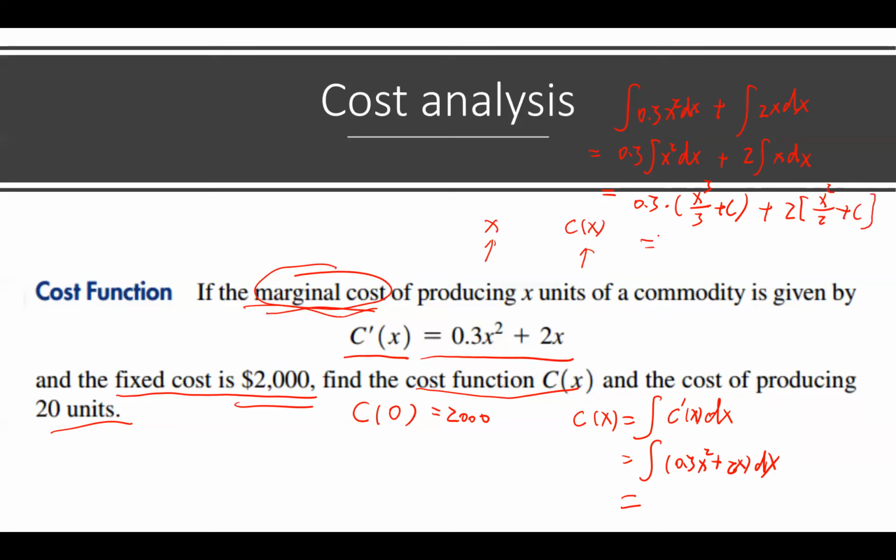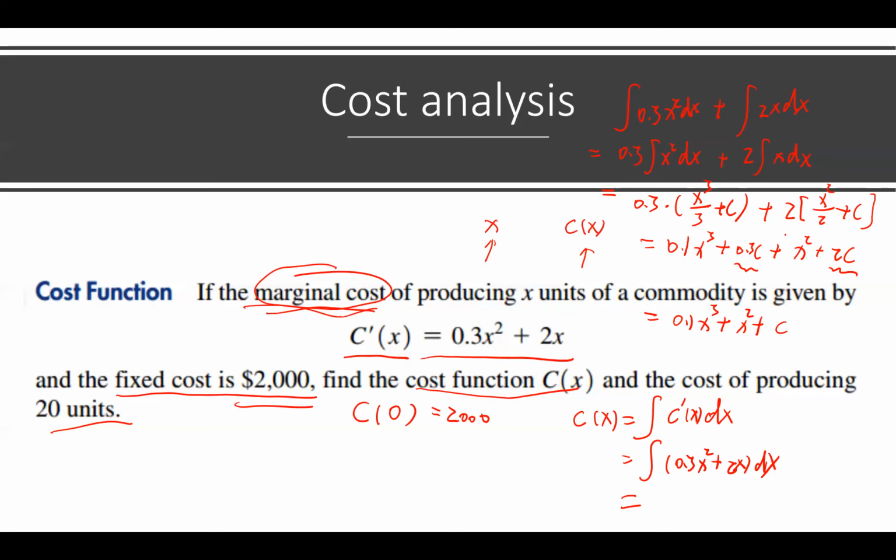Now we multiply each term, and we have 0.1 x cubed plus 0.3c plus x squared plus 2c. These are all just constants, so we can say the final result is just plus one constant.